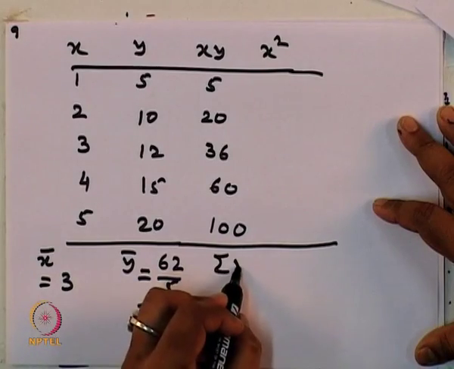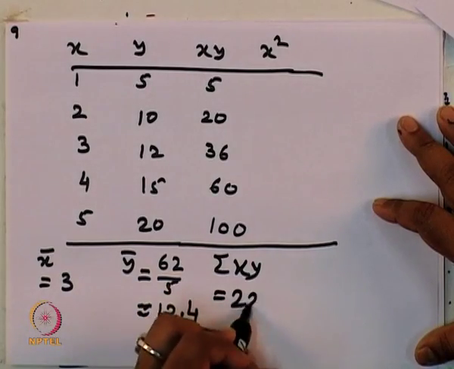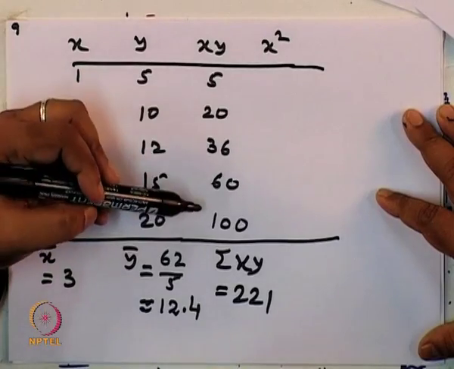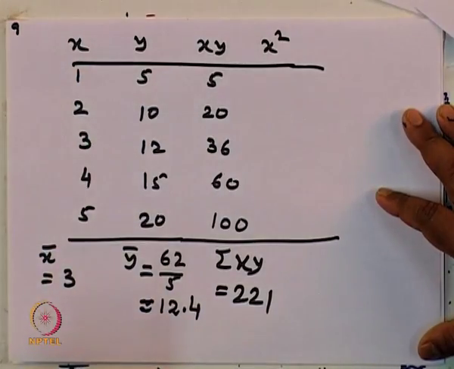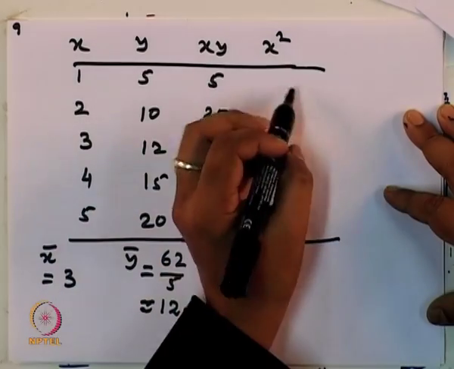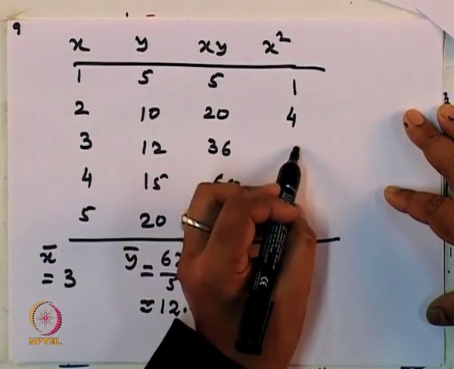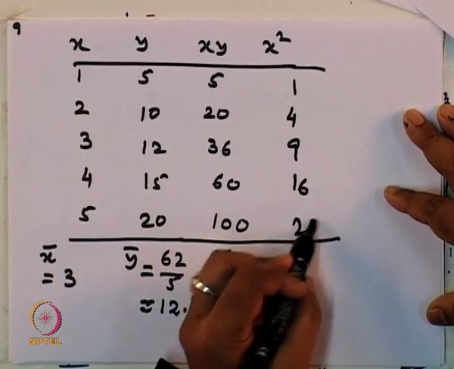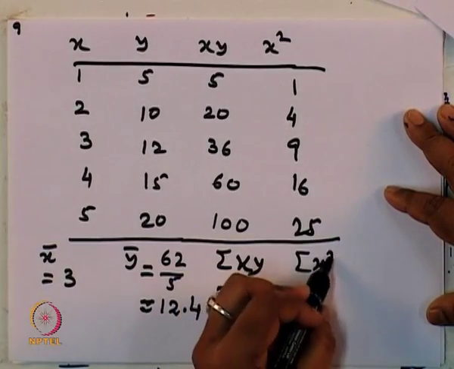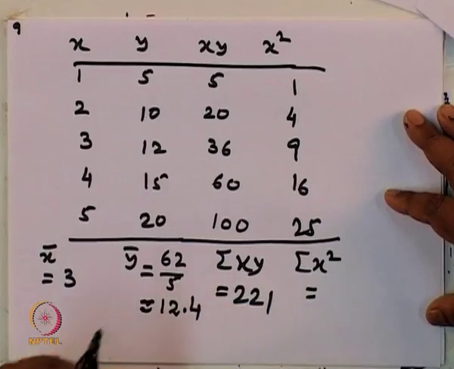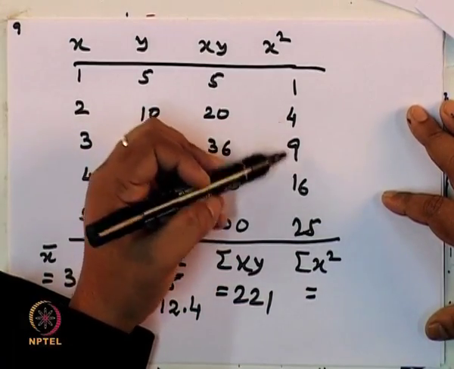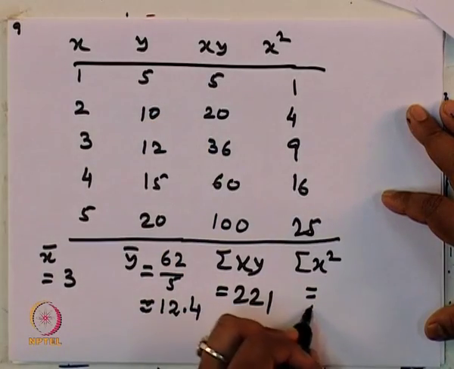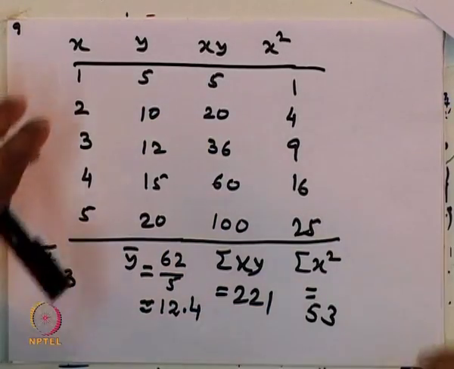So, summation xy becomes 221. Let me just cross check again. Yeah. x square is 1, 4, 9, 16, 25. So, summation x square is equal to 55.